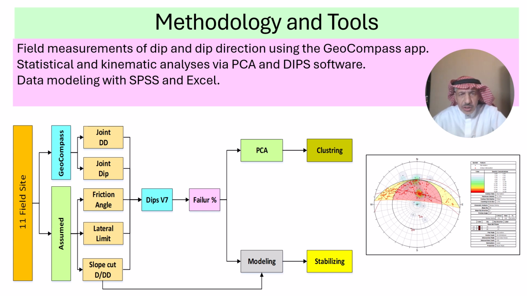Consequently, principal component analysis was used to cluster and classify the study area regarding the failure percentage. After that, a math model was used to find the relationship between failure percentage at different locations, and also the relationship between slope cut and failure percentage. Finally, a stabilization suggestion was made.